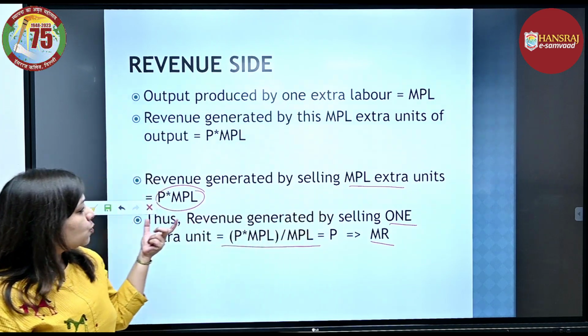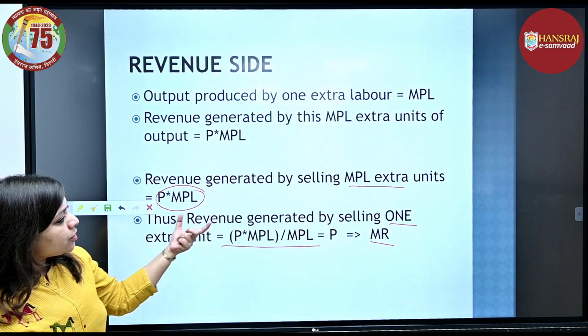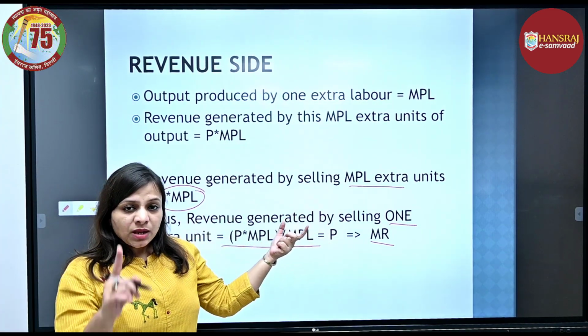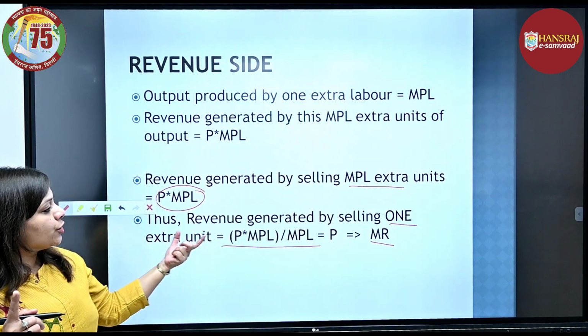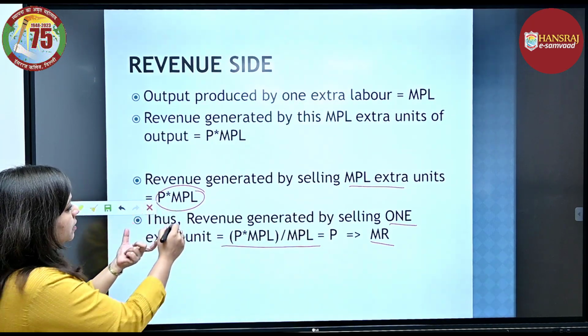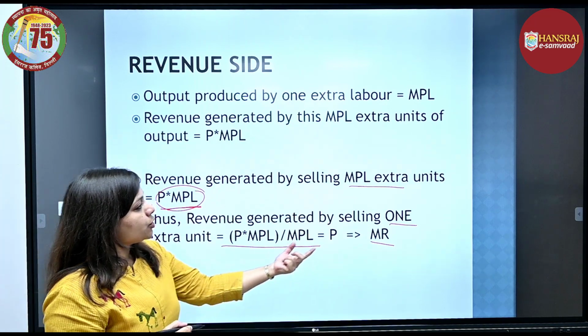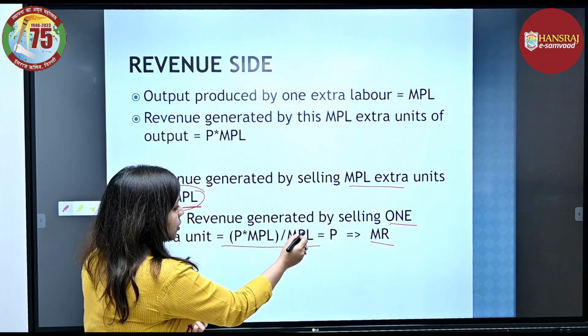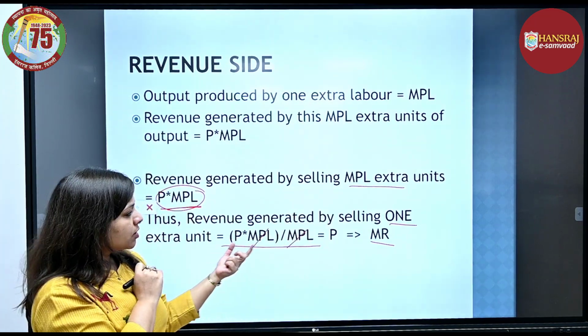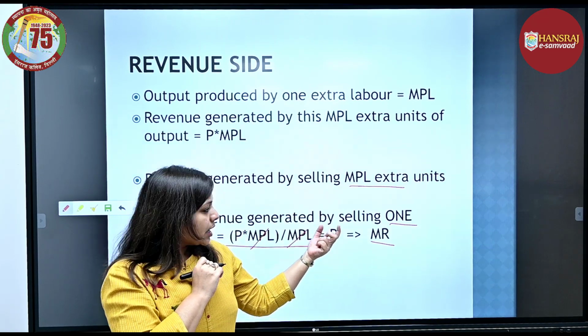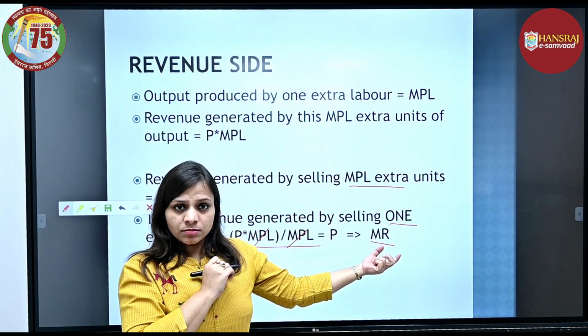So the revenue that the firm is generating by selling one extra unit of output is simply this divided by your MPL. You will strike them off and you will simply get P, and P is your marginal revenue.